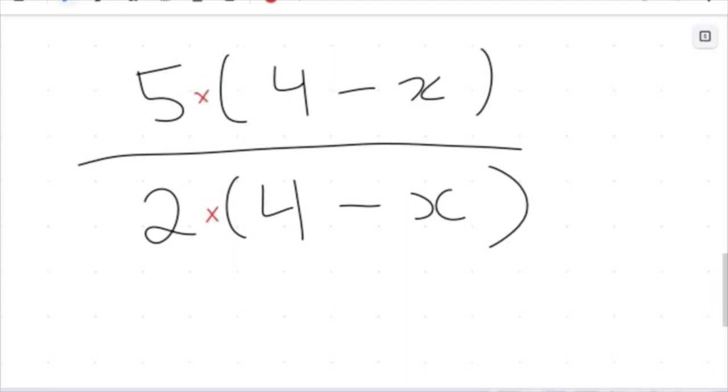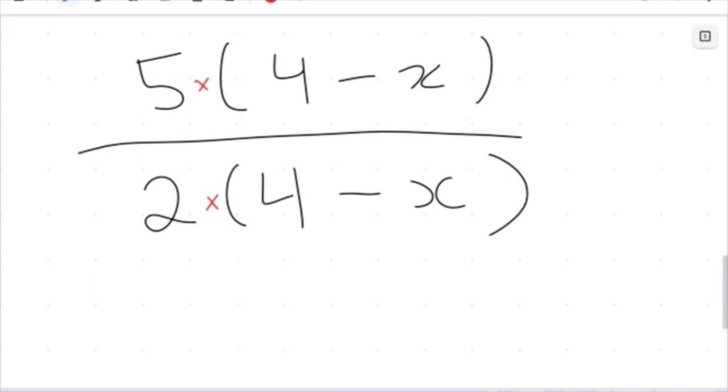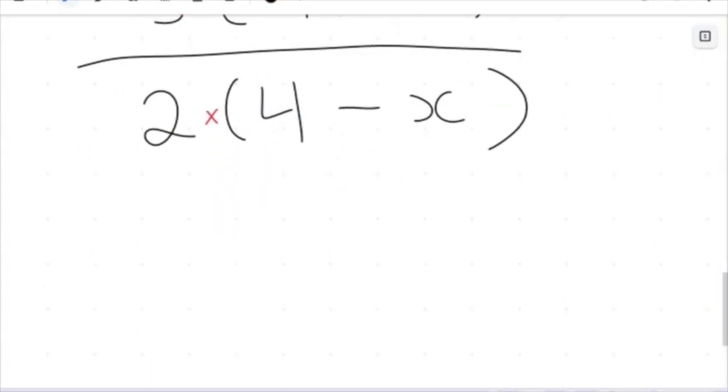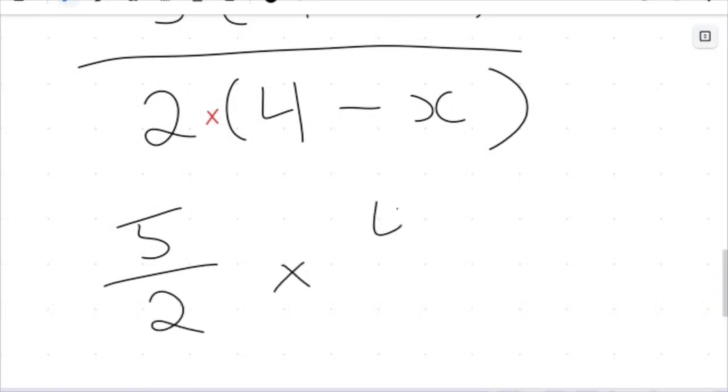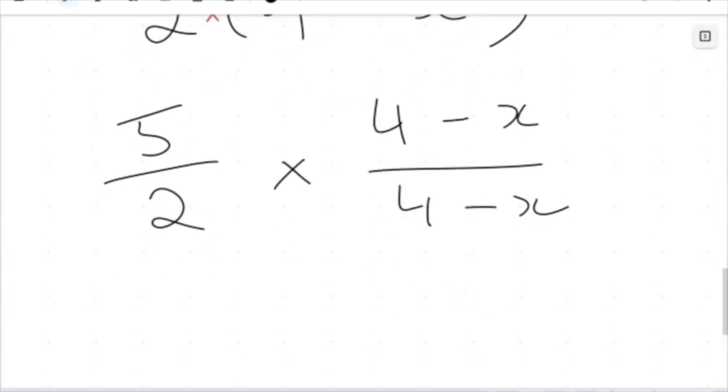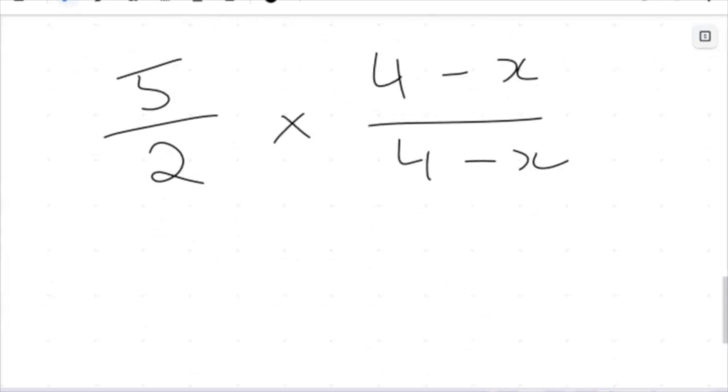Now that we have these products here, we can simplify top and bottom. Because this is like saying 5 on 2, let's write another line here. That's like saying 5 on 2 multiplied by 4 minus x on 4 minus x. And this thing on the right hand side is going to simplify to 1, because I'm dividing a number by itself. That will always simplify to 1.